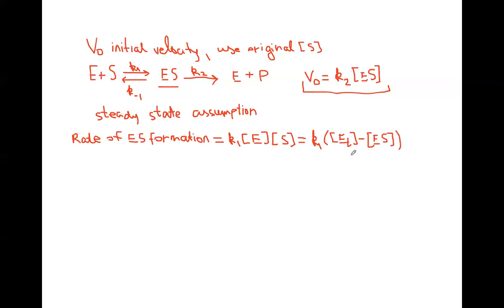Does this make sense? So this will equal the amount of the enzyme which is free, right? Subtract the amount of the enzyme which is complexed with the substrate from the total amount of the enzyme, and that will give you the free enzyme. And that will be times substrate. So this is the rate of the ES formation.